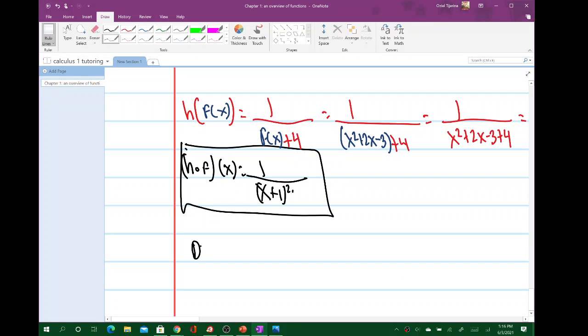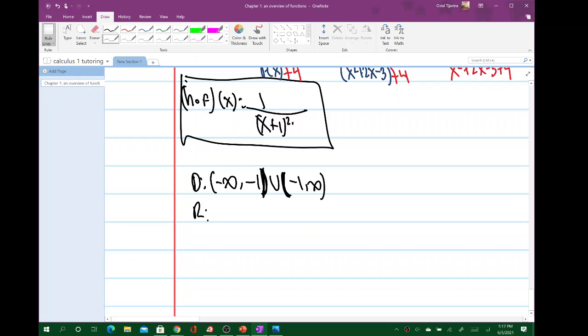So the domain of this would be from negative infinity to negative 1 union negative 1 to infinity, because we can't make x plus 1 equal to 0. So x plus 1 cannot equal 0, so it would be all real numbers such that x does not equal negative 1. So the domain would be negative infinity to negative 1 union negative 1 to infinity, not including negative 1, which is why there's a parentheses here, okay?